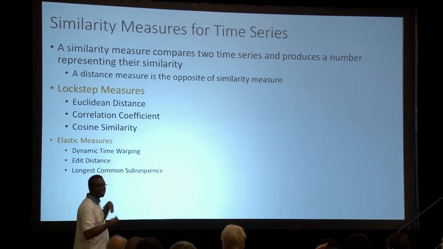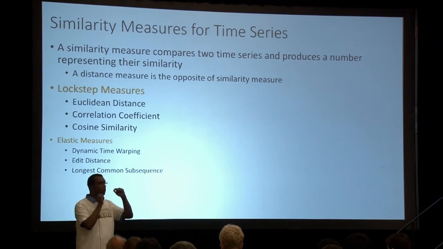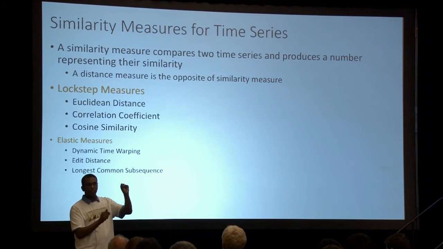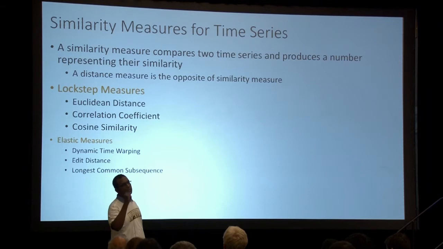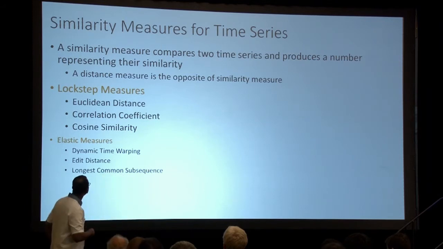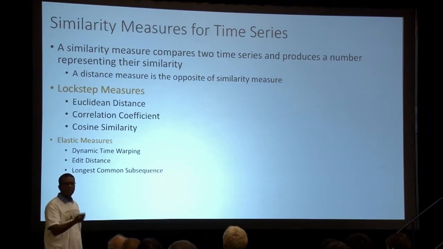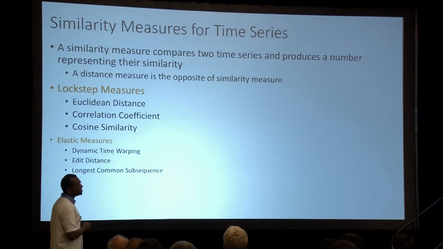First, lockstep measures, where you lock the observations based on their index. So the ith observation is compared with the ith observation. You lock that and you don't look around. Every observation is only compared, matched, or aligned against the corresponding observation in the other time series. We will go into detail later, with mathematical definitions. Examples of lockstep measures are Euclidean distance, correlation coefficient, and cosine similarity.